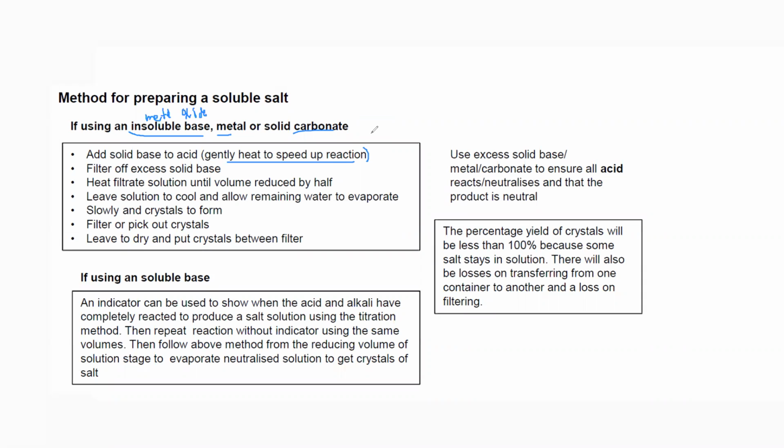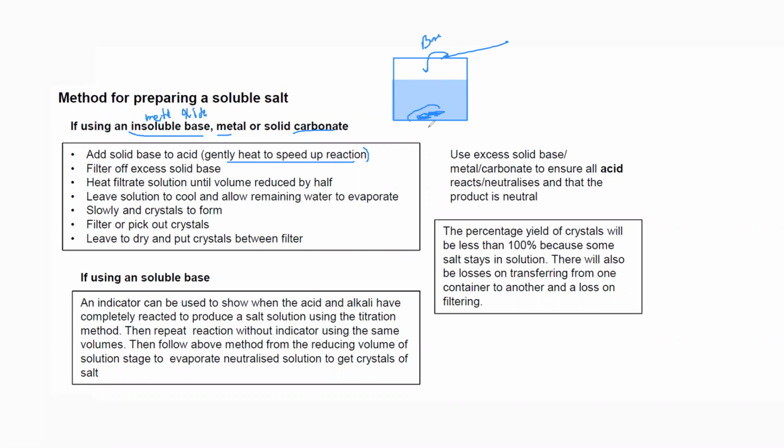So we take a container filled with acid, and using a spatula we add the base or metal oxide. We add until no more dissolves. Then we remove the excess by filtration.